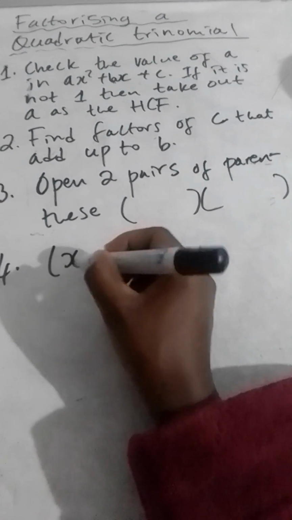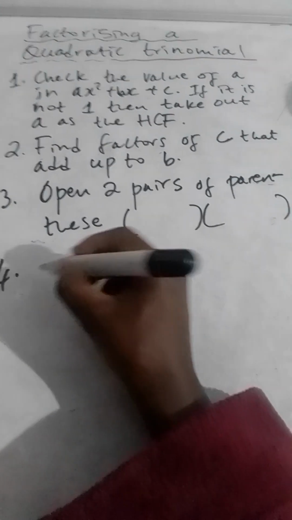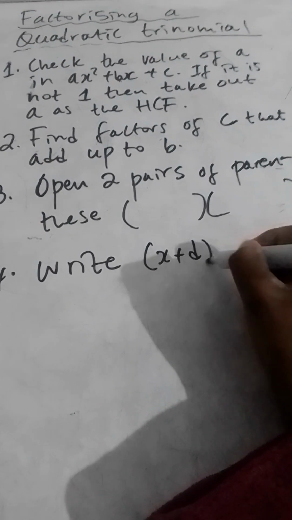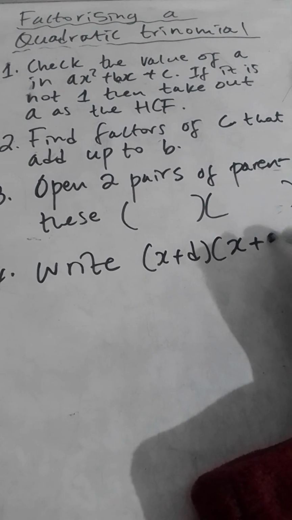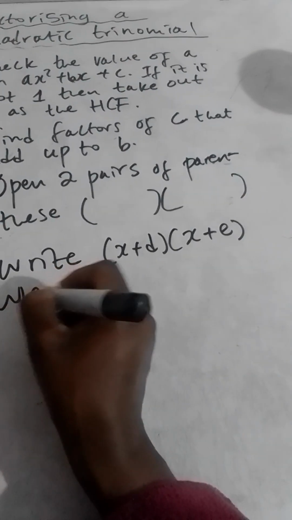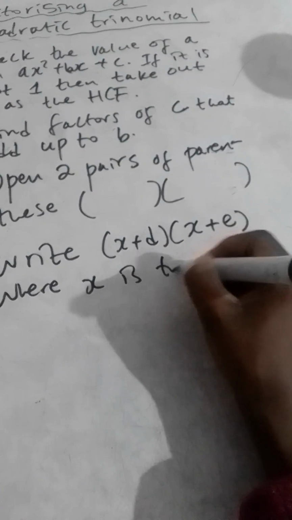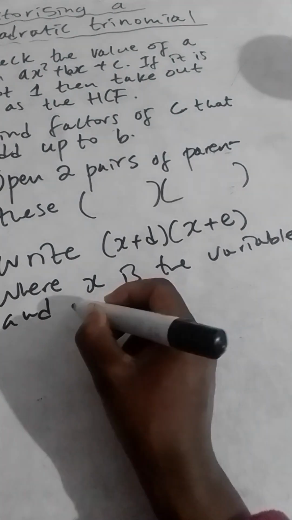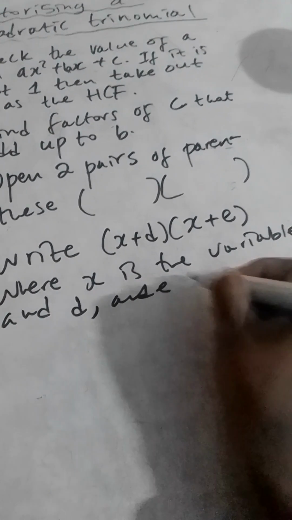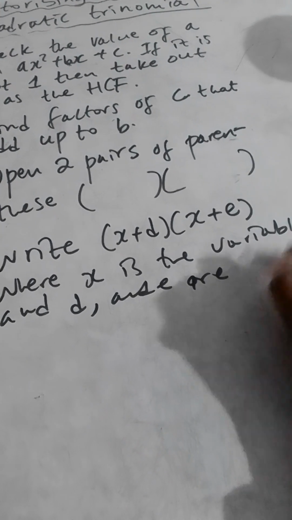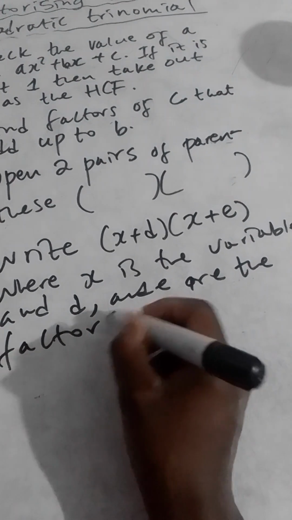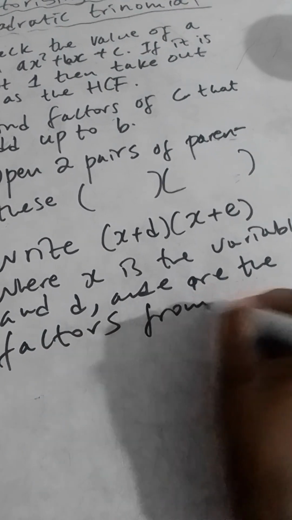In the fourth step, you write x plus d into x plus e, where x is the variable and d and e are the factors from step 2.